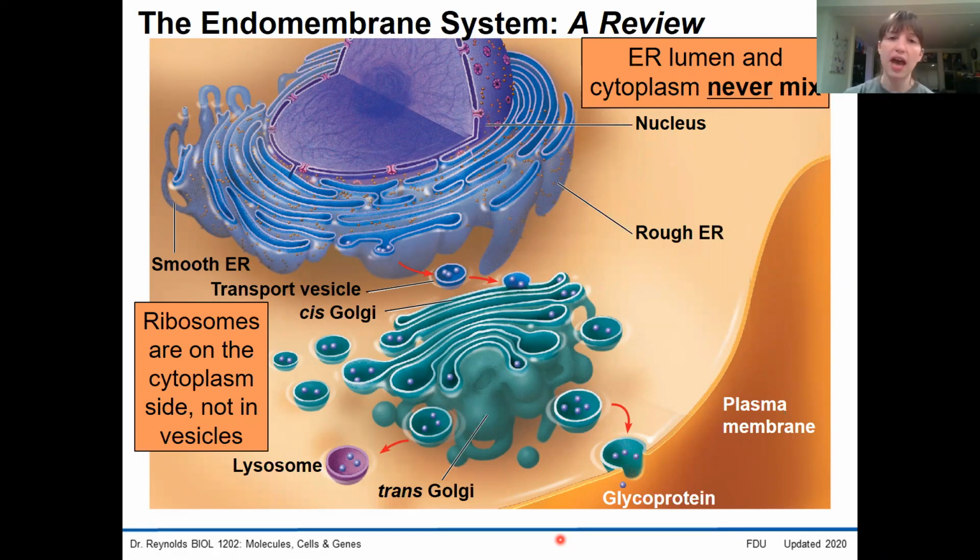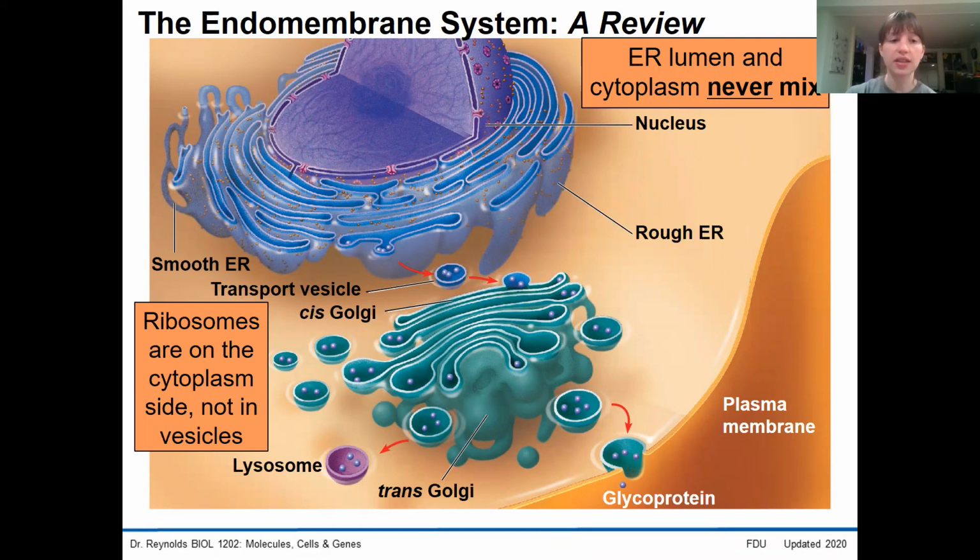I do want to have a couple of things that I emphasize to you. The first is that the ER lumen and the cytoplasm never mix. So anything that's produced into the lumen of this ER is actually going to stay luminal.